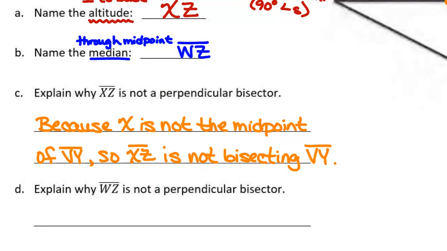If you wrote something like X is not the midpoint, that would be fine. Or ZX doesn't go through the midpoint, that would be fine also.